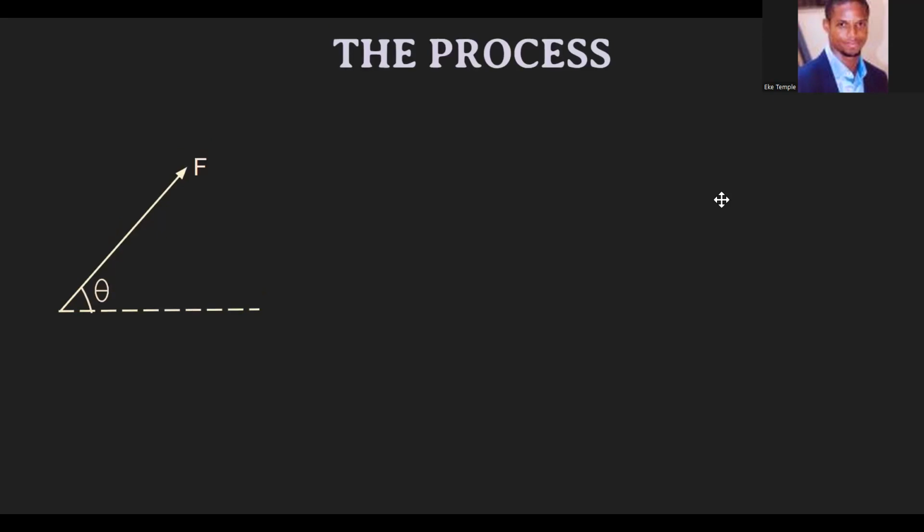So to resolve the force, we consider two things. Number one, the direction in which the force is acting. You can see in this diagram, the force F acts along that direction as indicated by the arrow, which means it originates from that point known as the tail of the vector. This force F acts at an angle theta degrees to the horizontal direction.